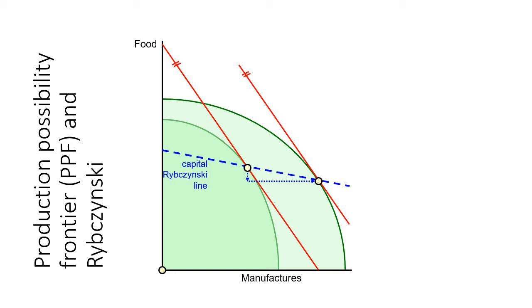If you pull a line through all these dots, you would be forming the Rybczynski line. Obviously, you can do another outward shift, so maybe capital increased again, and we'll find that with the new capital increase, the new point of tangency will lie on that same line.